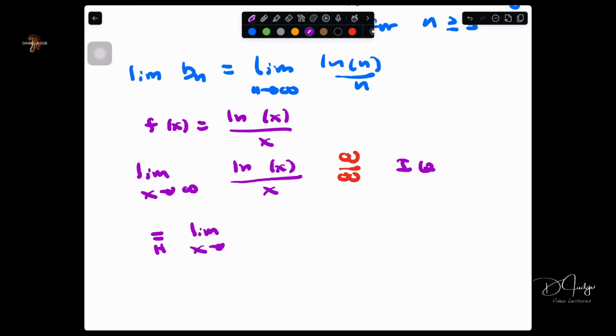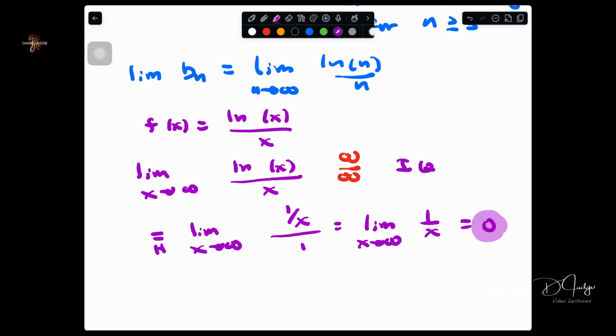Now that means we get the limit as x goes to infinity of 1 over x over 1, which really is the limit of 1 over x as x goes to infinity, and then we get 0 here. All right.